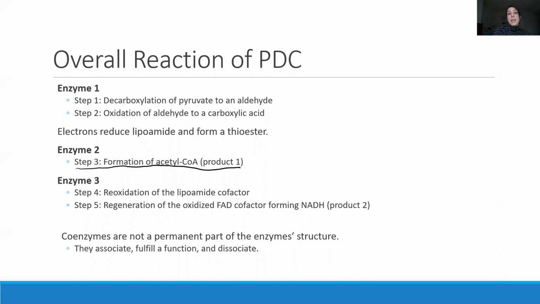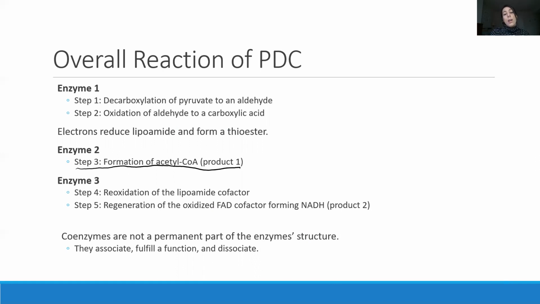So why do we even have the third portion, enzyme 3? Well, in doing this production of acetyl-CoA, we again are going to be using up some of our coenzymes, and they're going to change their structure. So enzyme 3 is there to regenerate the structures that are used in enzyme 2.